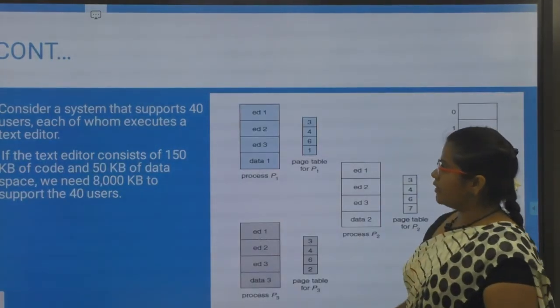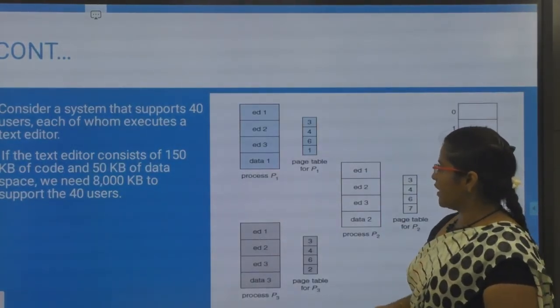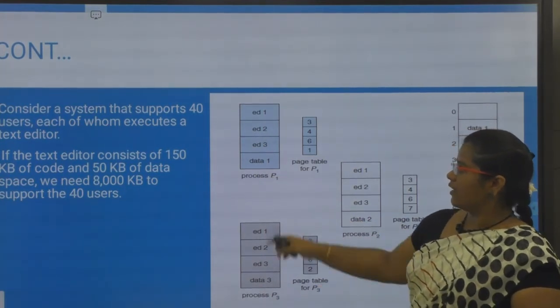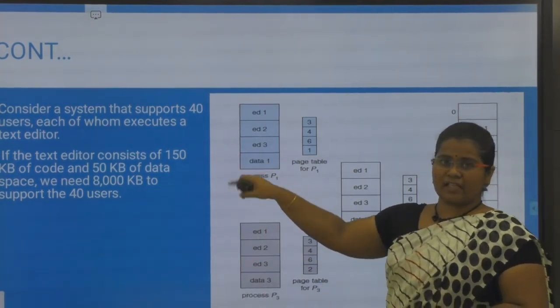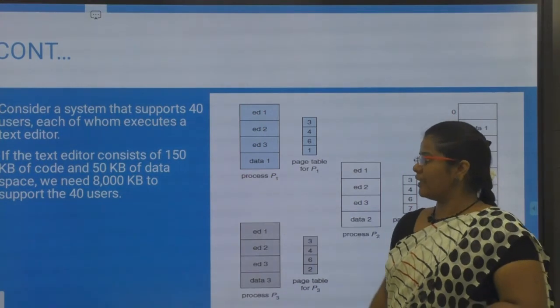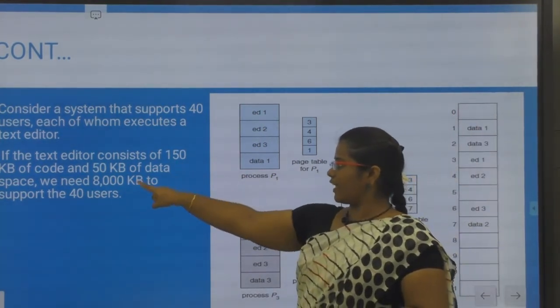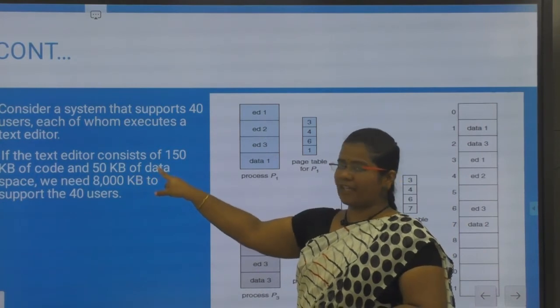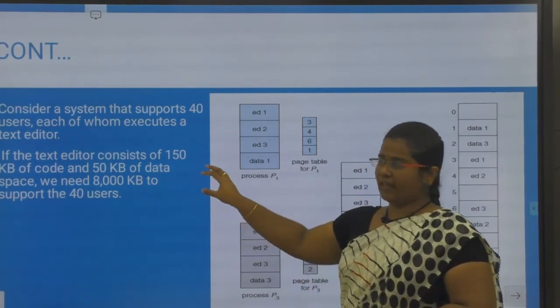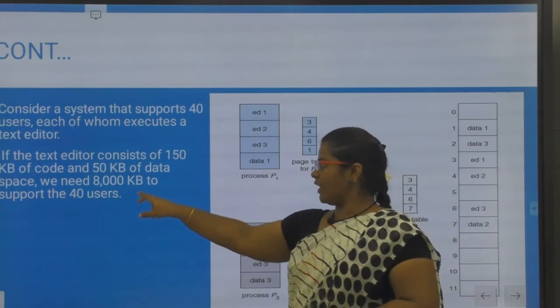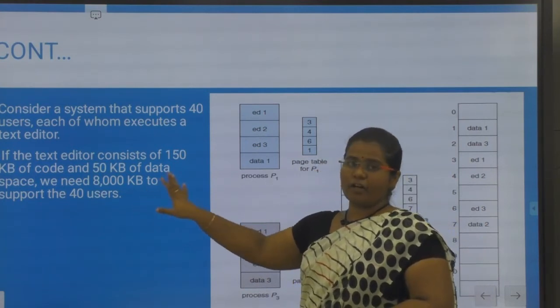Okay, so now consider a system that supports 40 users. Each user may execute an application called a text editor, and if the text editor contains 150 KB of code and 50 KB of data, and we need 8000 KB to support 40 users.